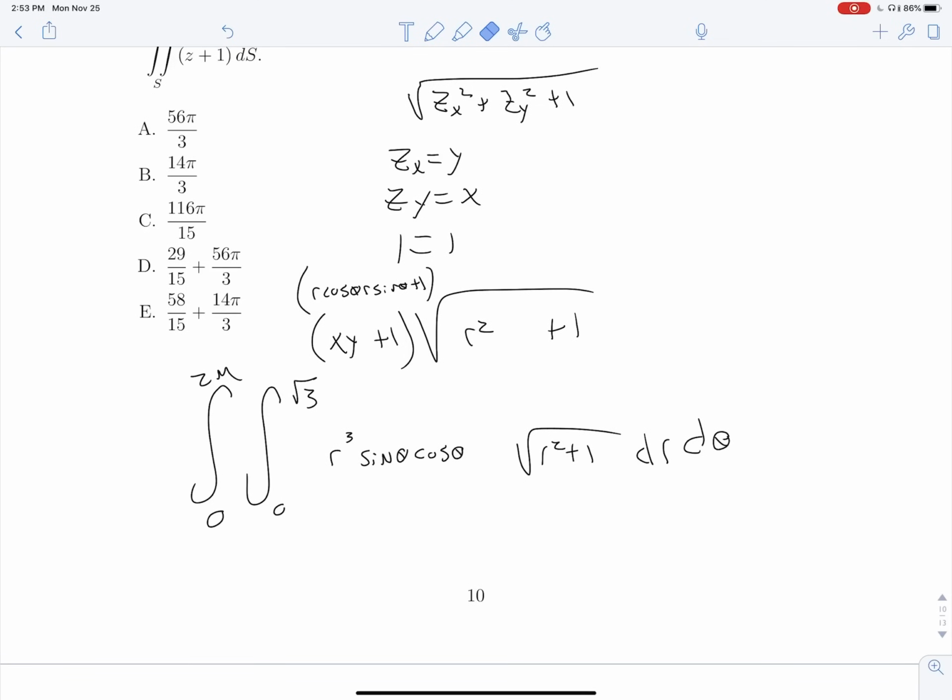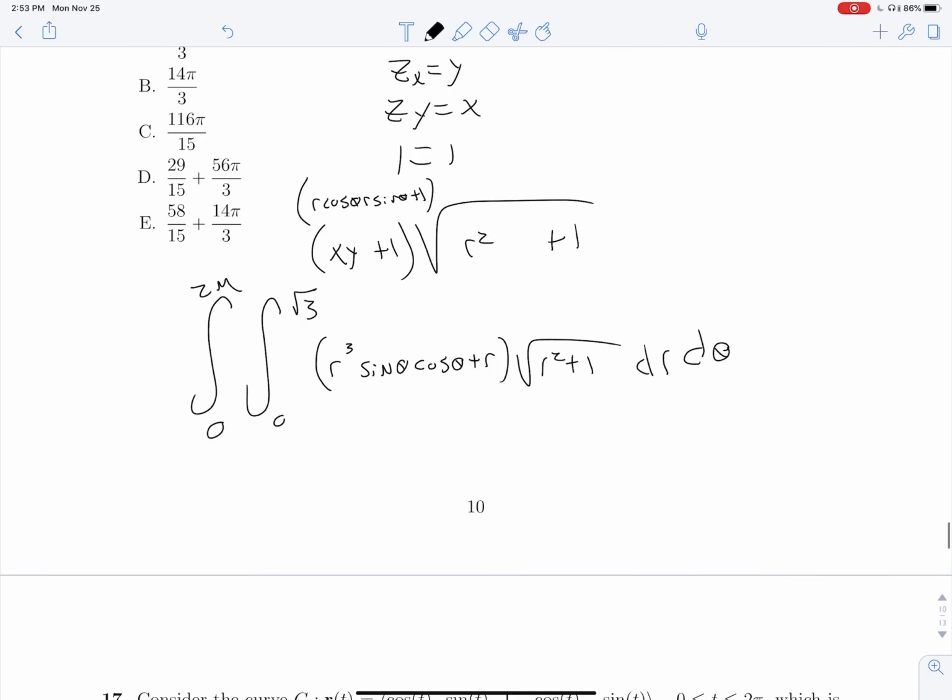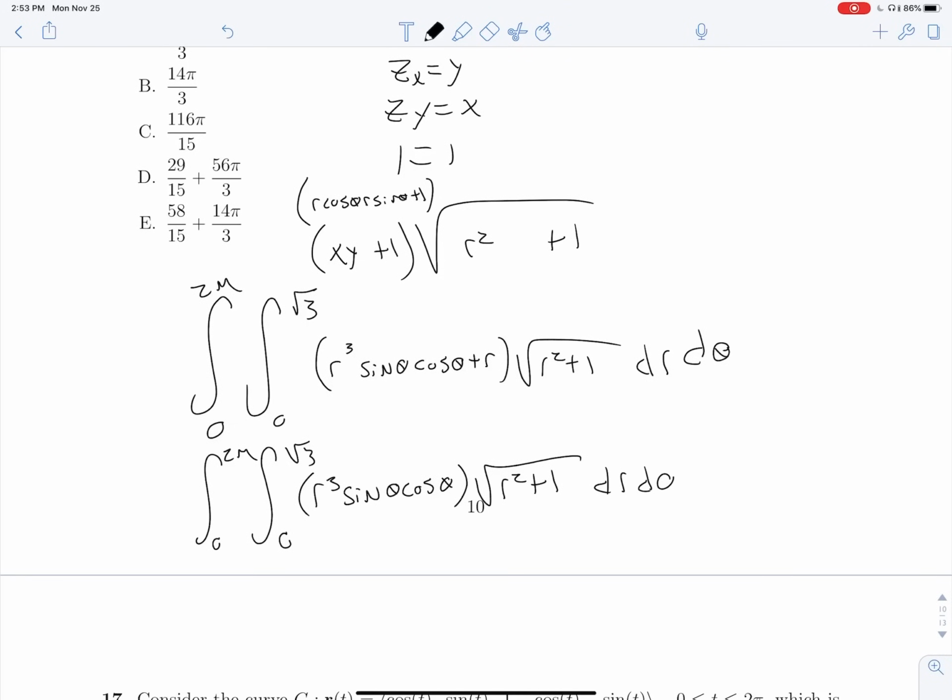We can distribute our r into here and split this up into two different integrals. We're going to have the integral from 0 to root 3, 0 to 2 pi of r cubed sine theta cosine theta, all multiplied by root r squared plus 1 dr d theta.